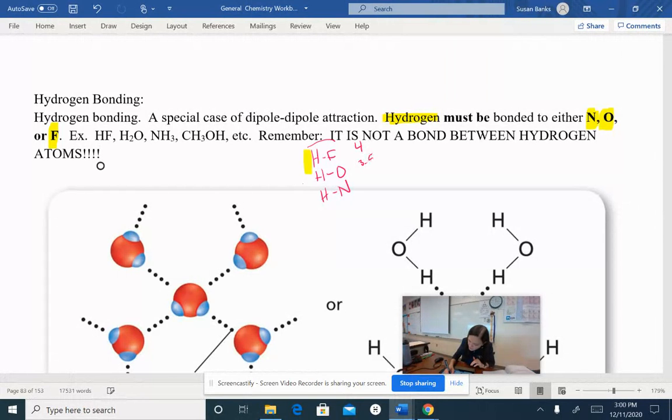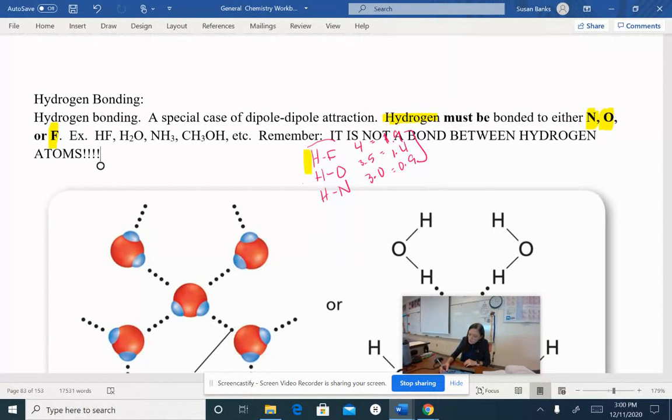Oxygen's 3.5 and nitrogen's 3.0. Hydrogen is 2.1. So this gives us a 1.9 difference here. This gives us a 1.4 difference here. And this gives us a 0.9 difference here, which are pretty big differences.